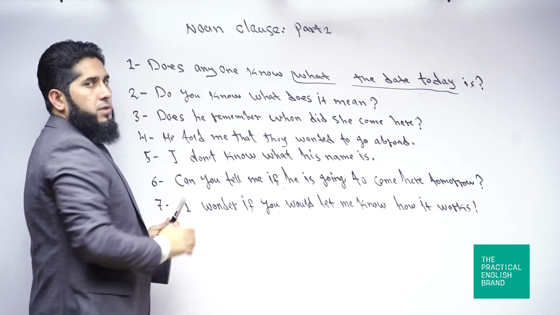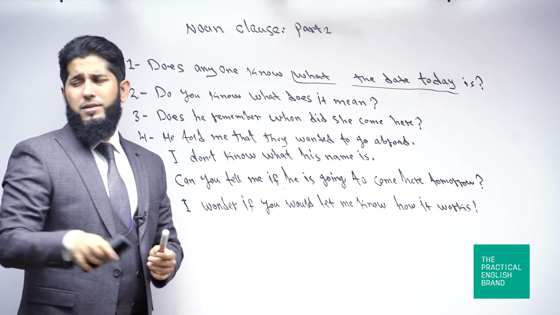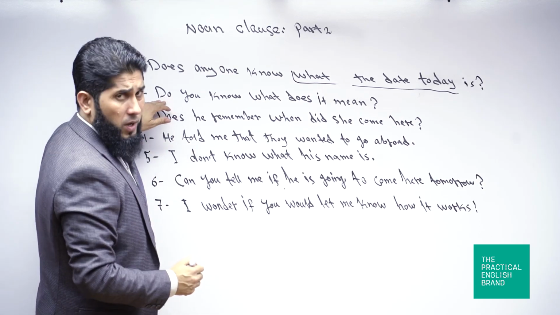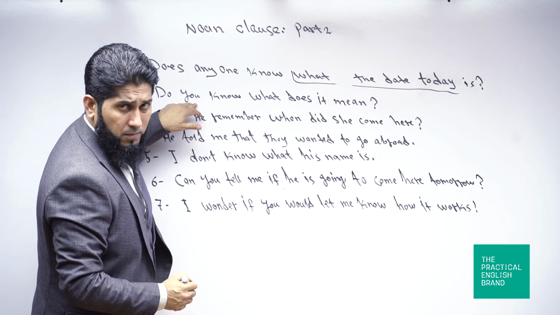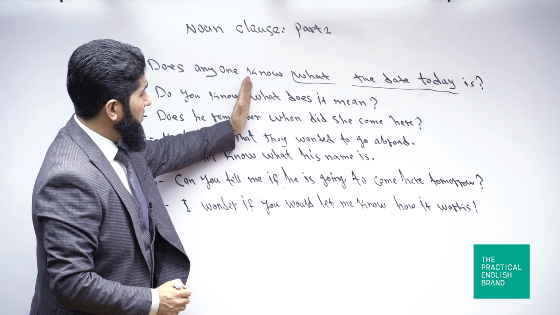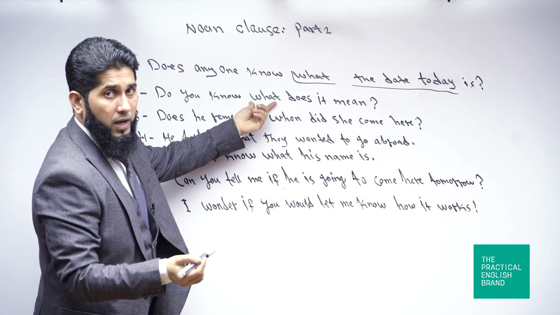Look at sentence number 2. Do you know what does it mean? Again, do is the auxiliary verb, you is the subject, know is the main verb. What does it mean? Here the noun clause starts. The word what introduces the noun clause.